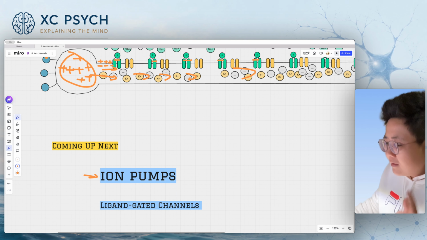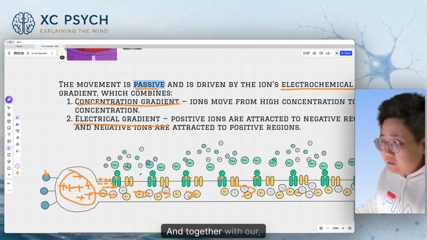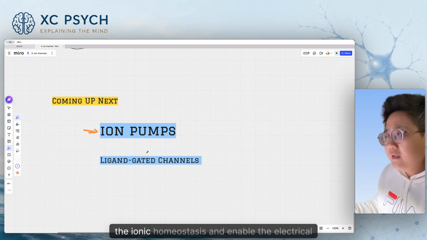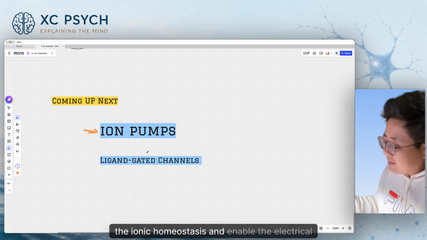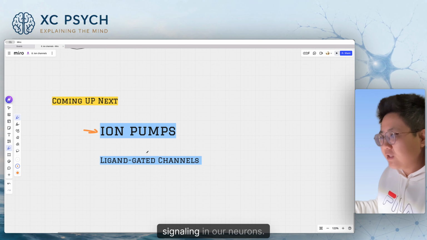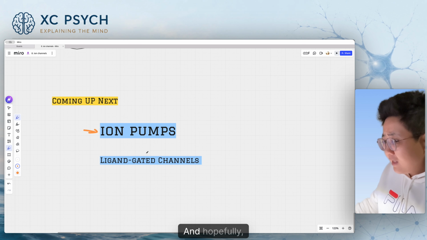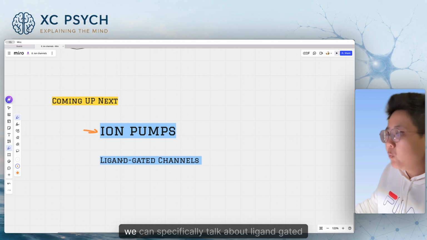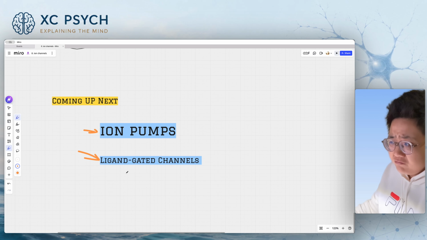This ion pump, together with our ion channels, forms the ionic homeostasis that enables electrical signaling in our neurons. And hopefully, in a future episode, we can specifically talk about ligand-gated channels and neuroreceptors.